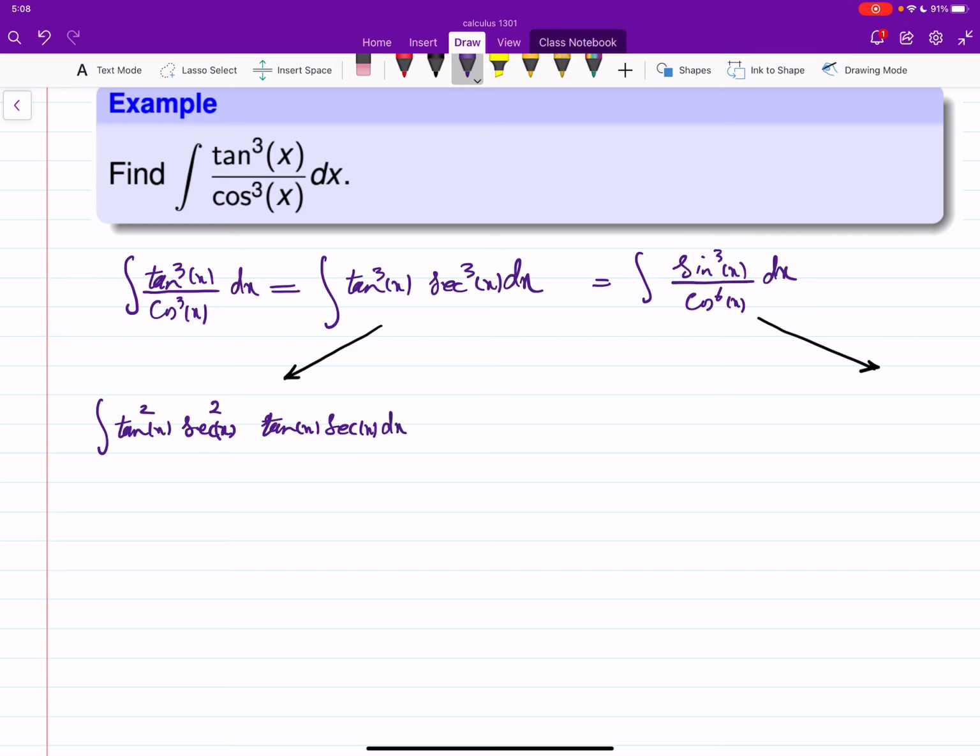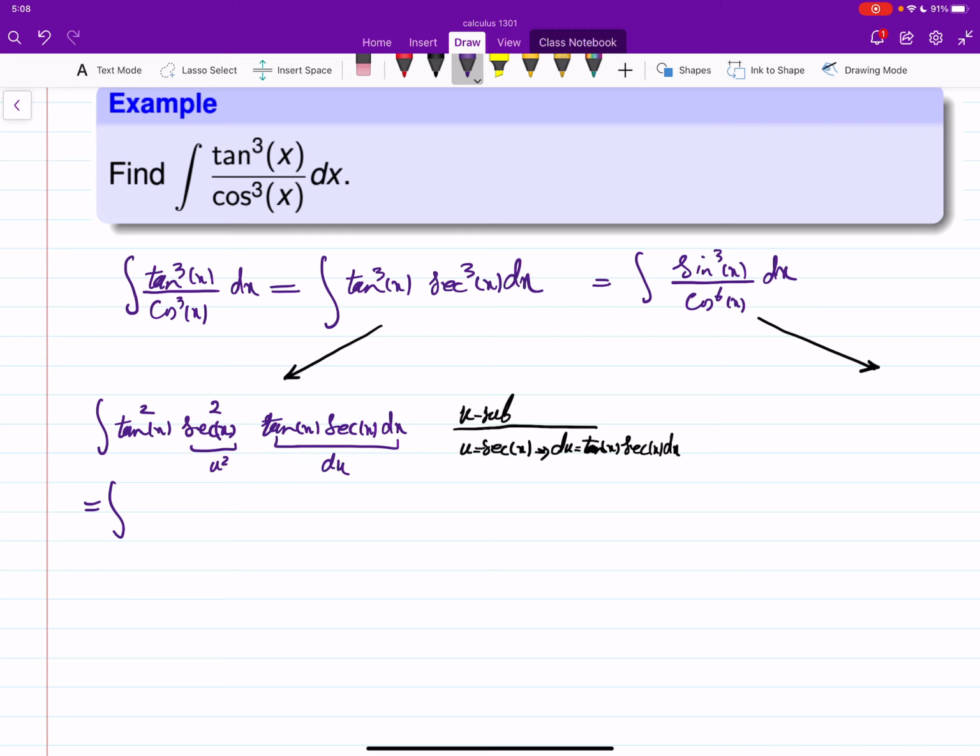And now we know that tan times secant is the derivative of secant, so we go ahead and use u substitution here, and what we do is u is equal to secant x. As a result, du is tan times secant dx. So this way, basically, the integral of this part is just du. This is u squared.